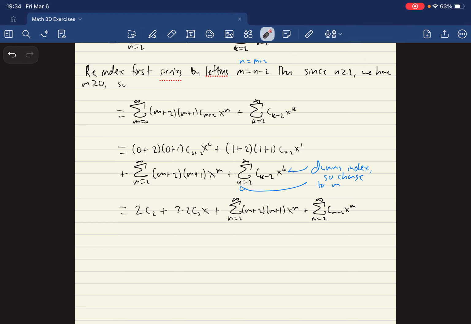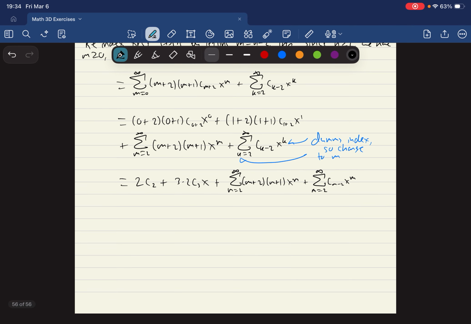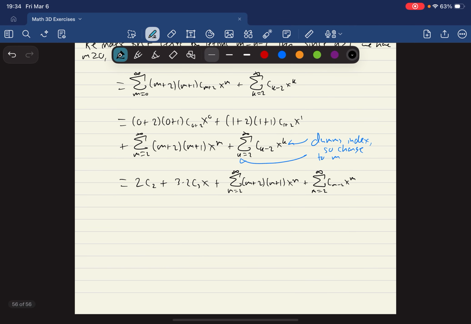This series and this series are still the same because they still represent exactly the same sum. It doesn't matter what variable we use to sum over because at the end, they both represent the same thing that we're adding up. But now, what this lets us do, you might notice, is now we have 2c2 plus 6c3 x plus, now we can combine the two series by just bringing the sigma out from both.